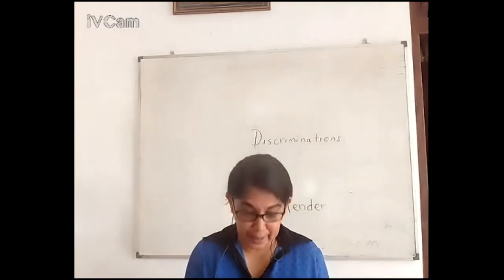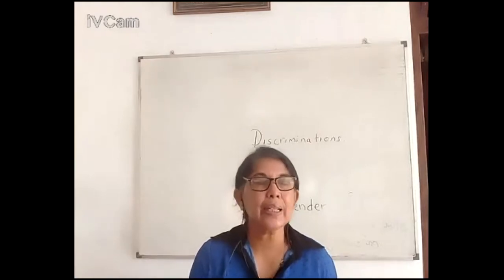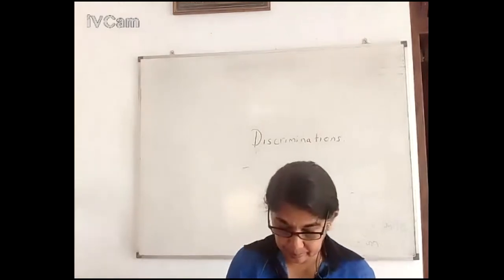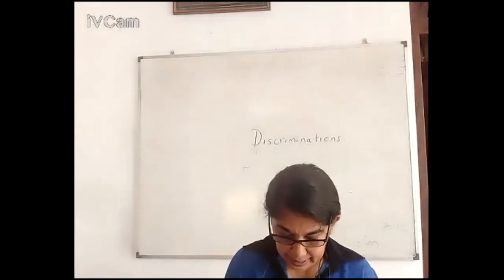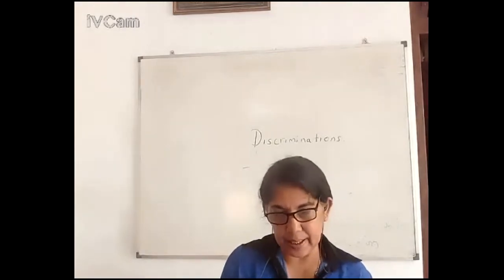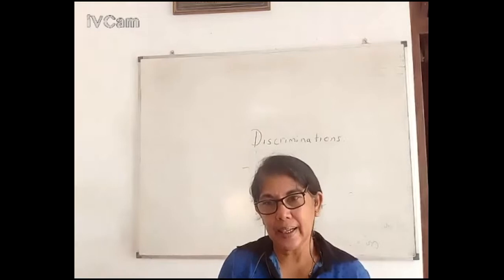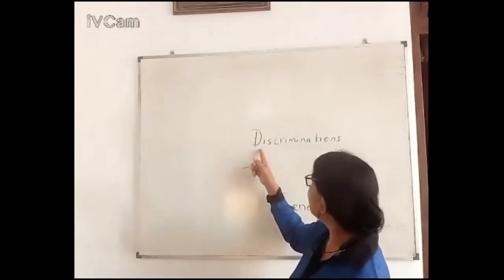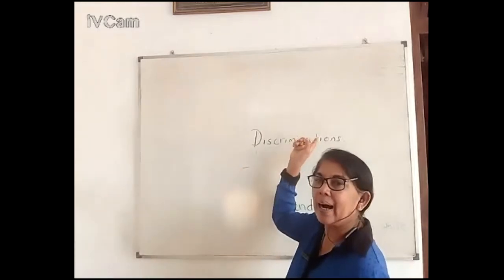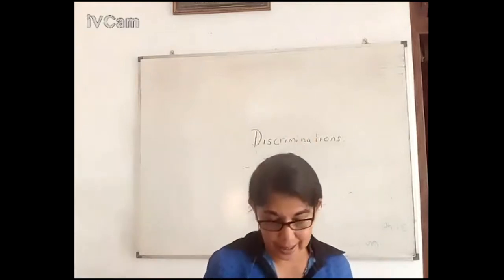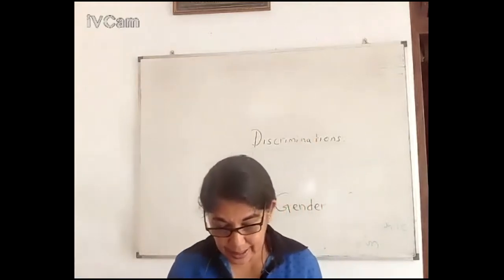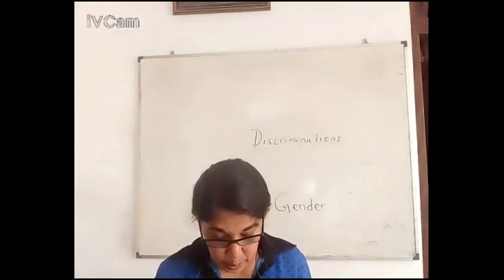Usually this happens in a capitalistic society. So as I discussed earlier, a number of discriminations are available in society. So that is what she wants to discuss about this particular theme.